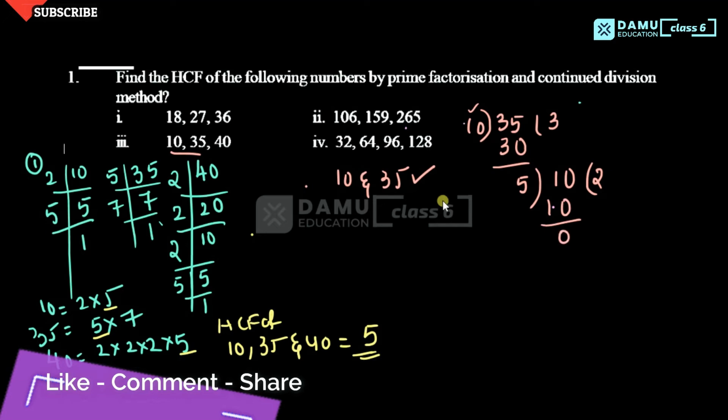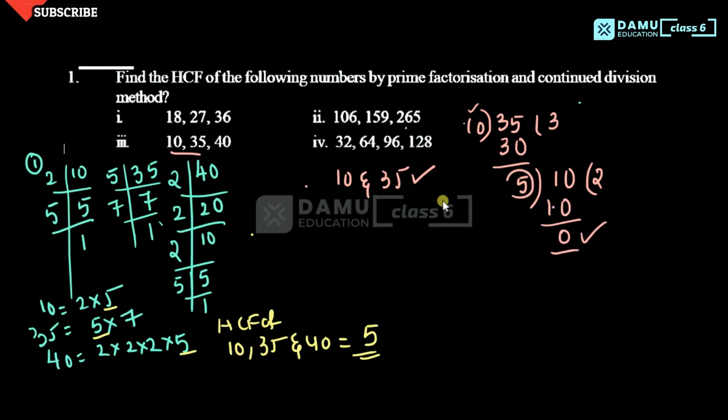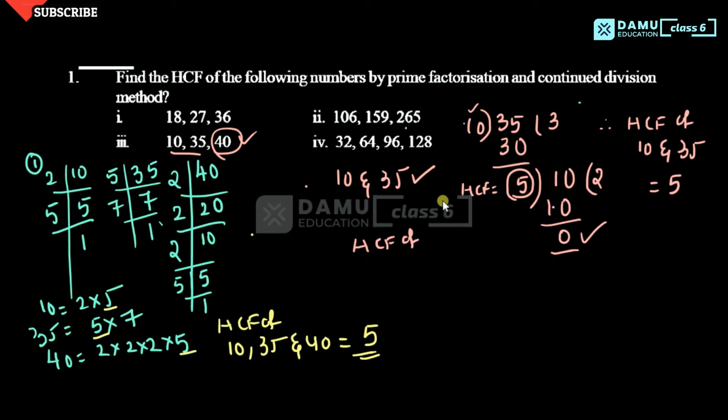So wherever we get remainder 0, that divisor is the HCF. So here HCF will be equal to 5. Therefore the HCF of 10 and 35 will be equal to 5. Then what is the remaining one? 40. We have to take the HCF of 40 and the HCF of 10 and 35, that is 5.